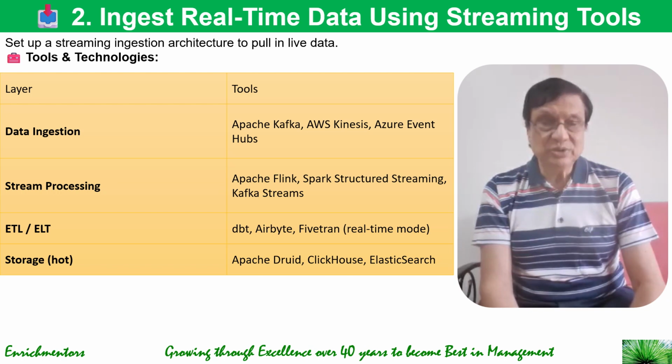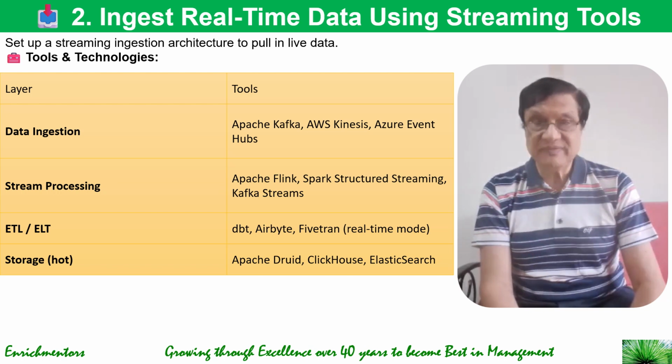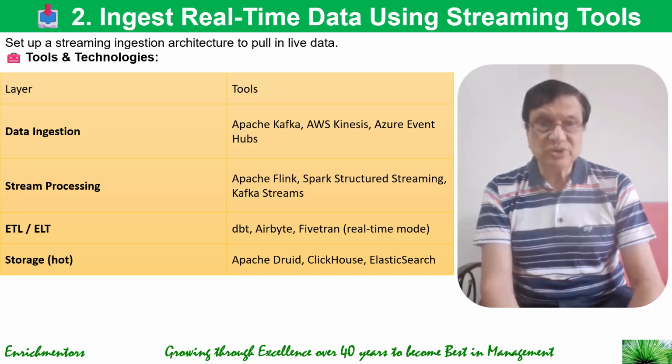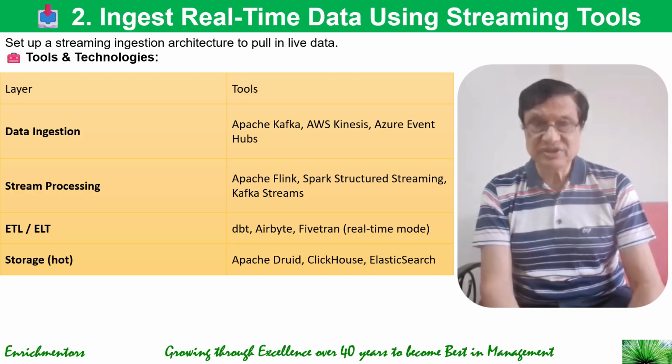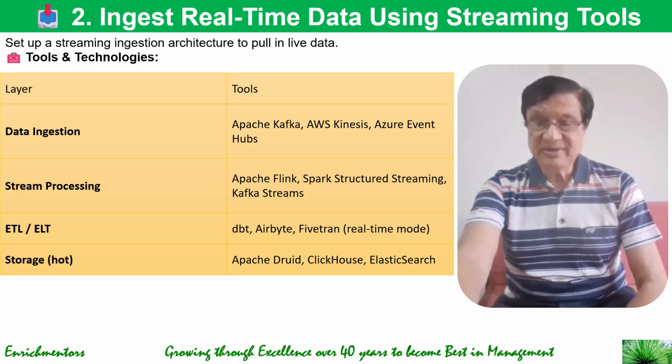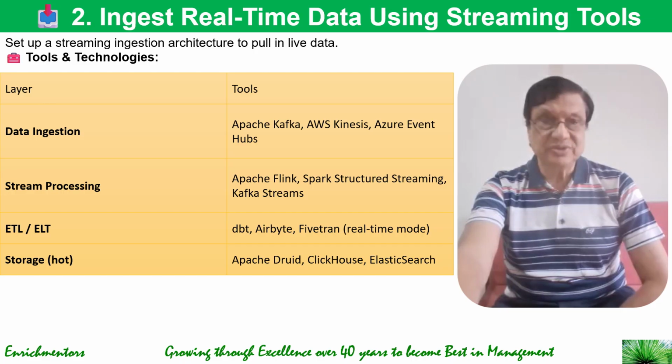For processing those streams of data, you can use Apache Flink, Spark Structured Streaming, Kafka Streams. For ETL and ELT, you could use dbt, Airbyte, or Fivetran in real-time mode. And for hot storage, you can use Apache Druid, ClickHouse, and Elasticsearch. So these are various tools and technologies that you can use.